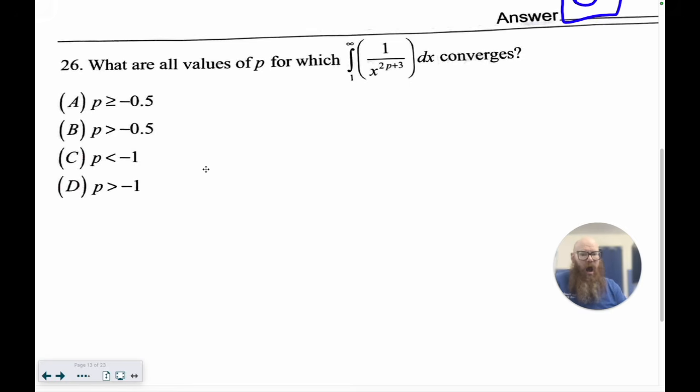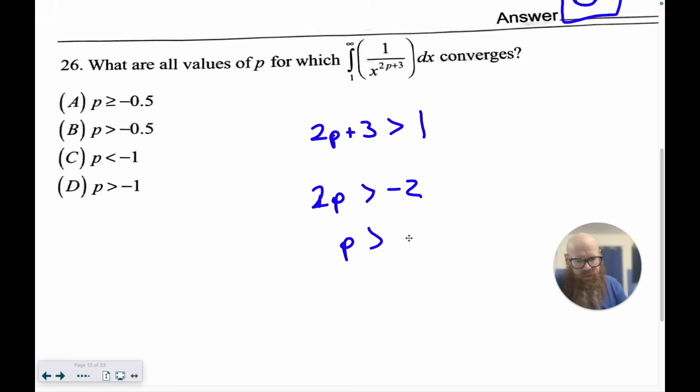It has to do with the integral test, but we don't have to do all of that. All we have to do is note that a p-series is going to converge when this value is greater than 1. That's all we got to do. So 2p is greater than, subtract 3, negative 2. So p has to be greater than negative 1. And if p is greater than negative 1, then this will converge.